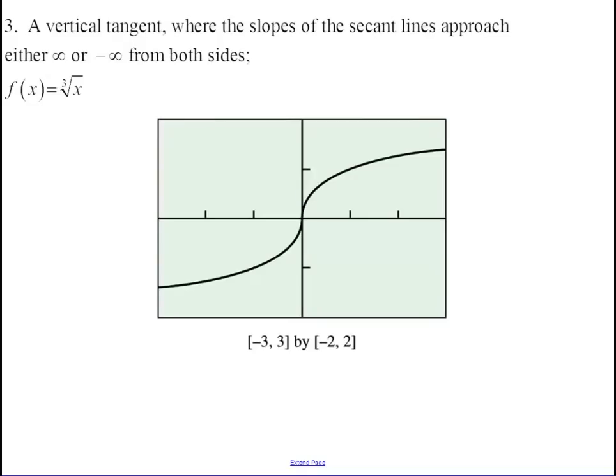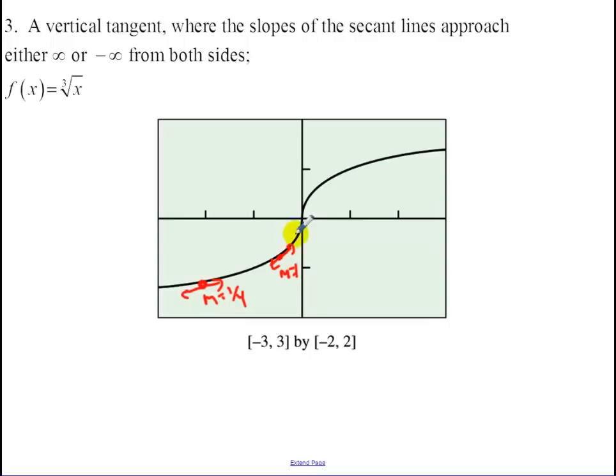A vertical tangent is where the slopes of the secant lines are going to either approach infinity or negative infinity. So let's look at what the slopes of our tangent lines could look like for this function. So right there, that slope is pretty shallow. It's positive, but it's pretty shallow. Now, maybe that's closer to 1, versus this slope was maybe something like 1/4.